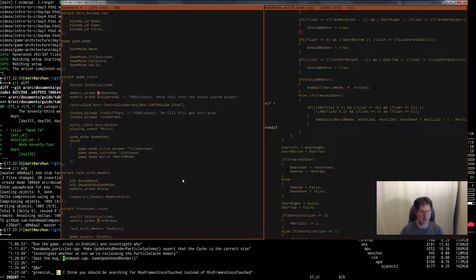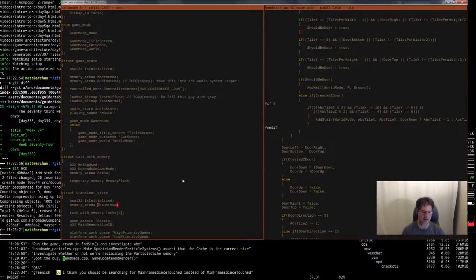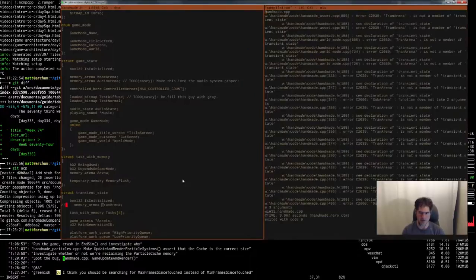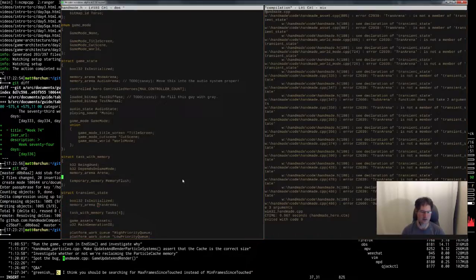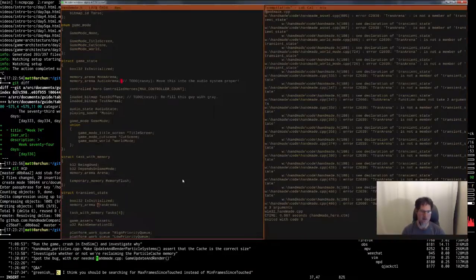And so I don't know, I think these things really want to be a little more formalized here, and I don't know to what extent this ever really wants to be used. You can see that it's kind of largely residual there in handmade.cpp, where it's getting used, but I feel like there's just a lot of risk there because now people can't really use that transient arena in that way.